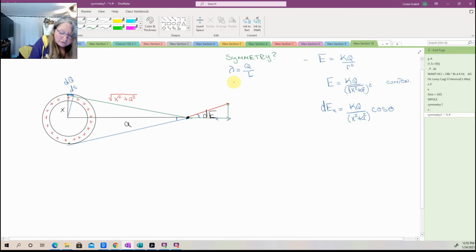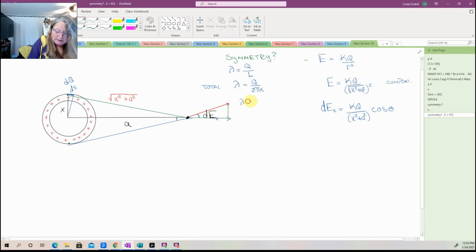So my total lambda for this circle would be all of the q, and let's see, what would be the total length of a circle? Well, if I have a radius x, if I wanted to go for total, it would be 2 pi x. This would be for total. If I'm looking at d, or small pieces of that, let's see what I'm going to have.